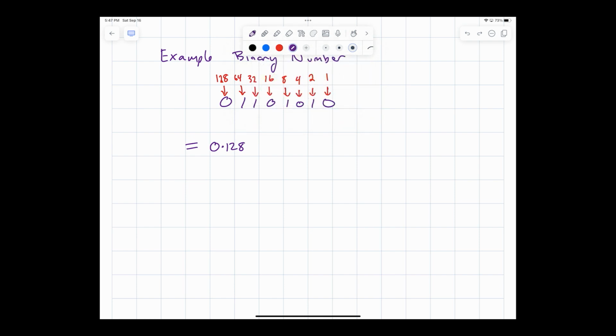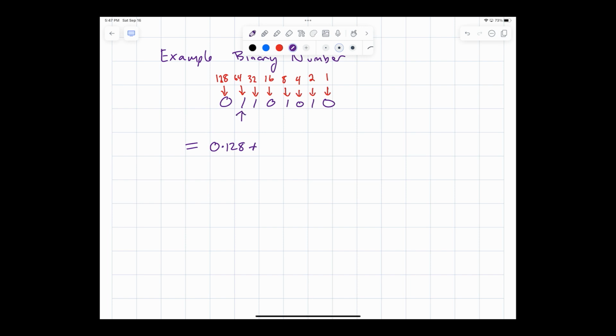So anyway, up here, you can see the 128 there, and that we have a 0 under there that we're pointing to, right? So the 128 has a coefficient of 0. If we are writing our number here, then we would have 0 times 128, but there's a 1 in the 64 digit, right?